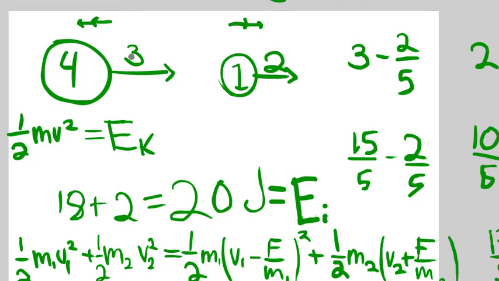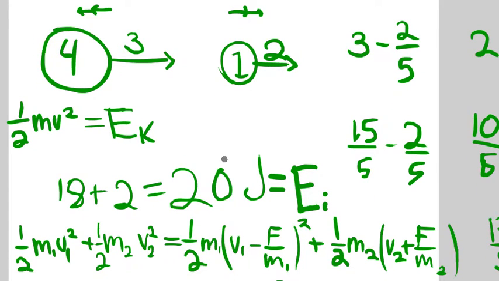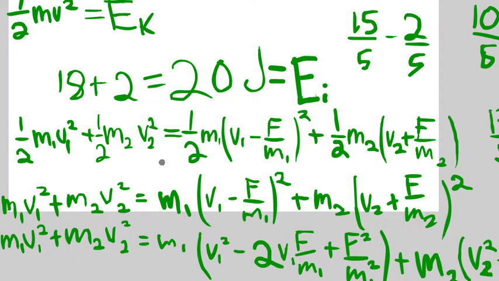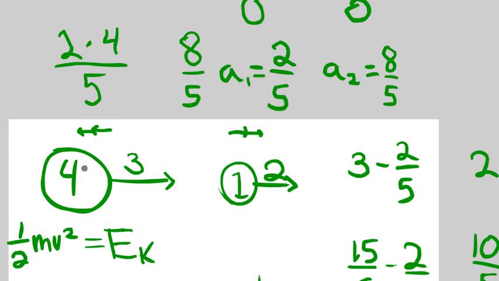As you can see, this one's going faster than this one, so this one's going to collide into this one, and I want to see what the velocity afterward should be. So I wrote this equation here, and I didn't know I'd be able to even solve it. It says that this is the energy of the first object, 1/2 times m1, the first mass, and v1 is the first velocity.